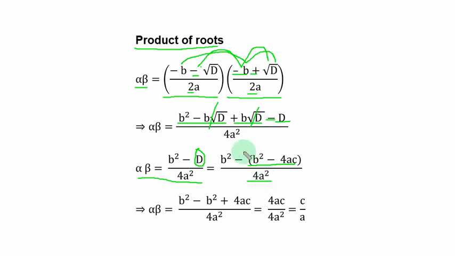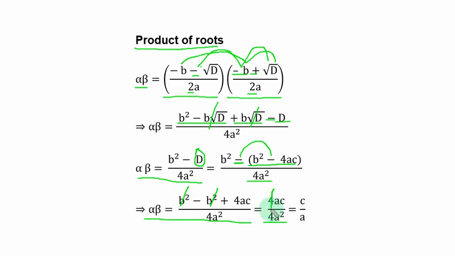You open the bracket with this minus sign. If you do that, you have alpha beta is equal to b squared minus b squared plus 4ac over 4a squared. Minus times minus is plus. So from here, b squared minus b squared is 0. You are left with 4ac over 4a squared.